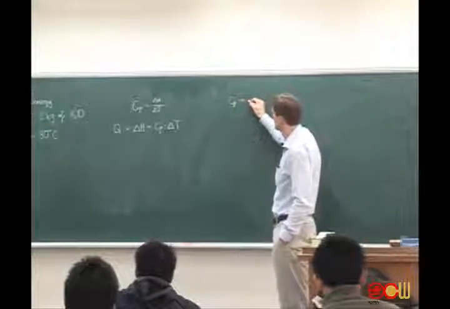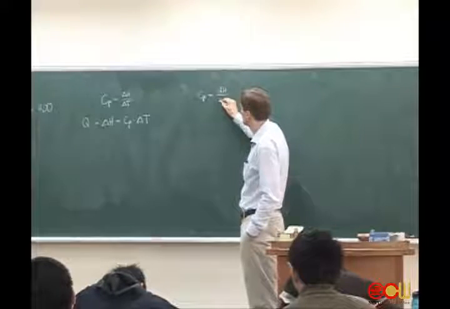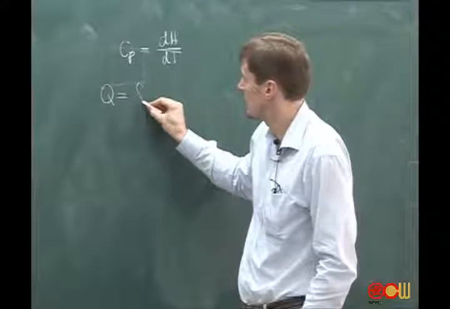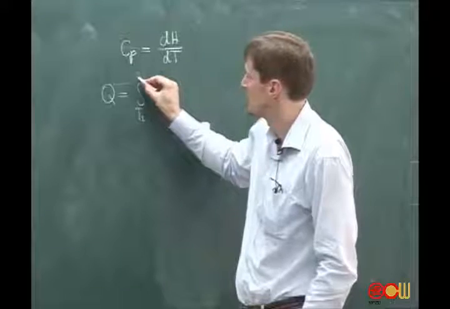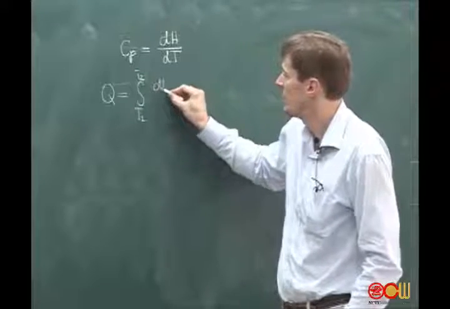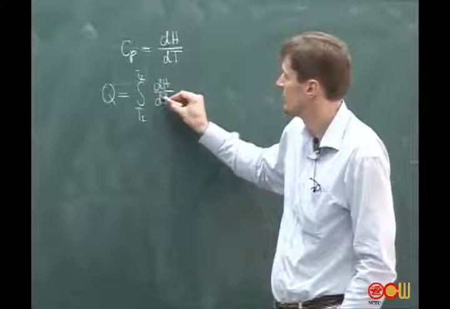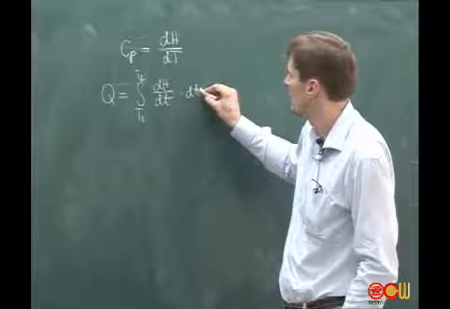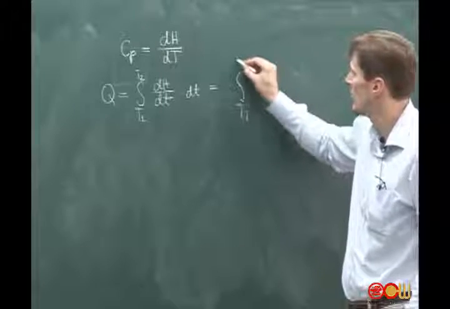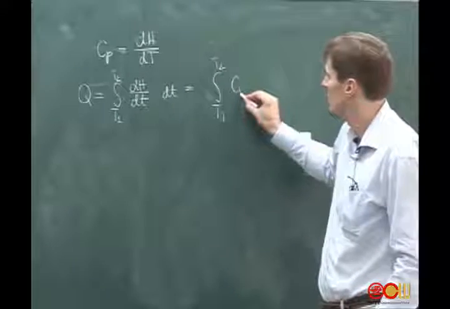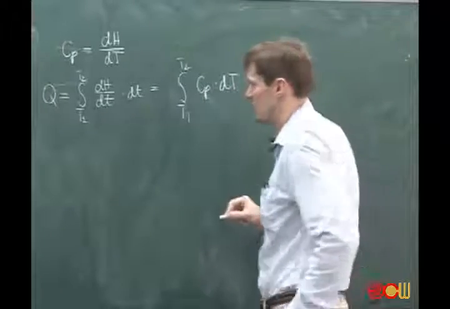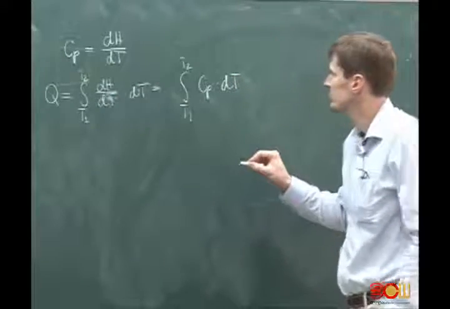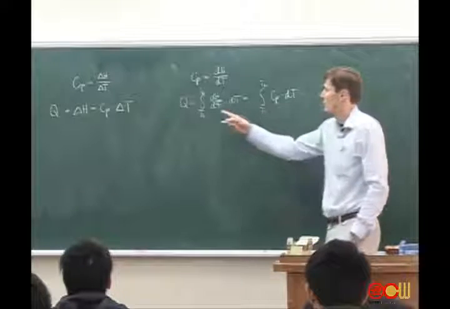Cp is dH over dT, and the heat is the integral from temperature 1 to temperature 2 of dH over dT times dT, so integral from T1 to T2 of Cp times dT, of course this is capital T. This is the correct way of calculating these things.